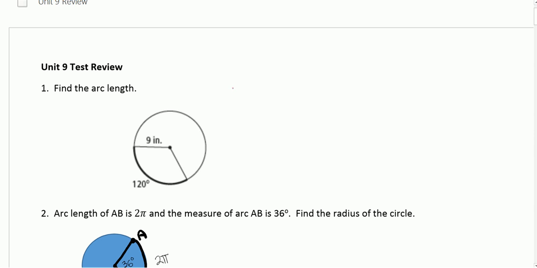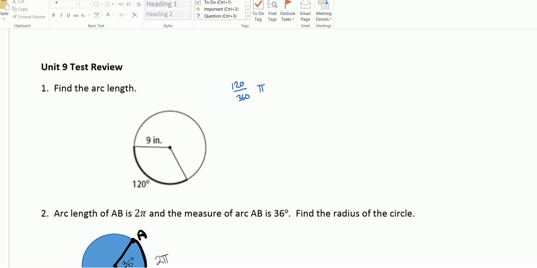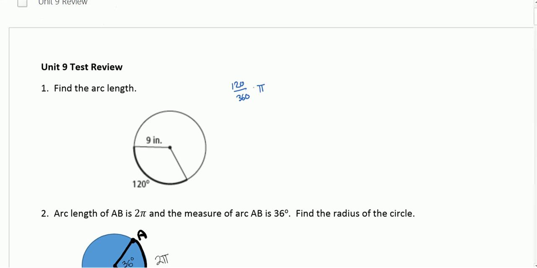And the fraction is 120 over 360 times 2 pi r. Sorry, not pi r squared, times 2 pi r. And r is 9.